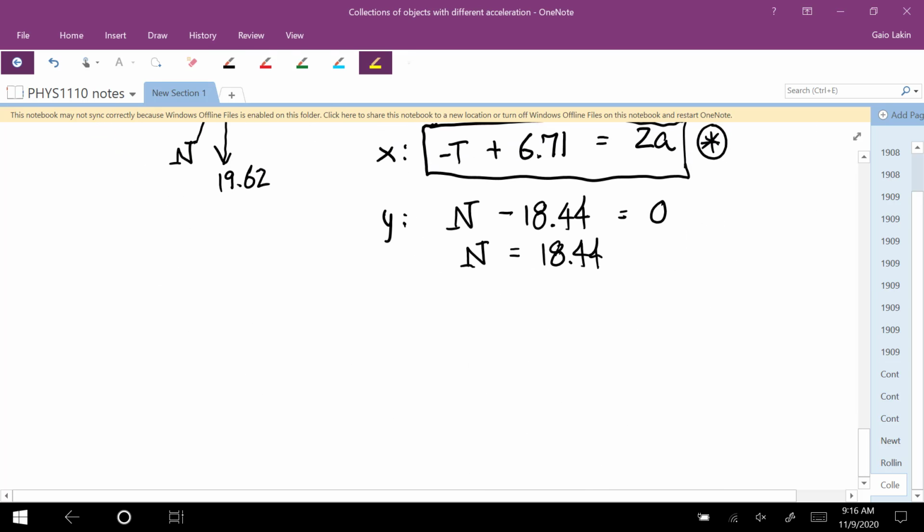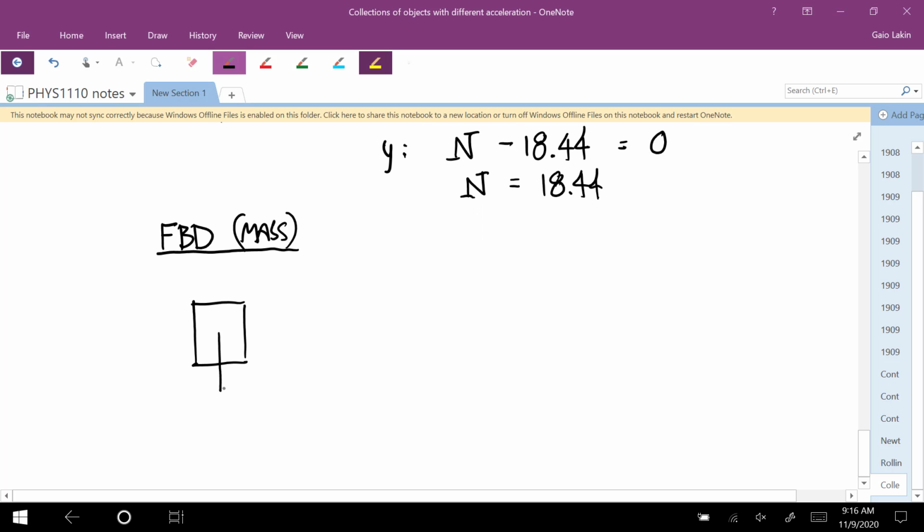Okay, so now let's go to the free body diagram of the hanging mass. We have a weight of 19.62, a pulling force from the cable that's T because it's the same cable.